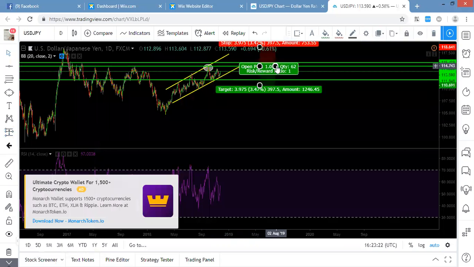And then I'm going to match up my entry, which remember, your entry is the middle two dots here. Line it up with 114666. Boom, right there.